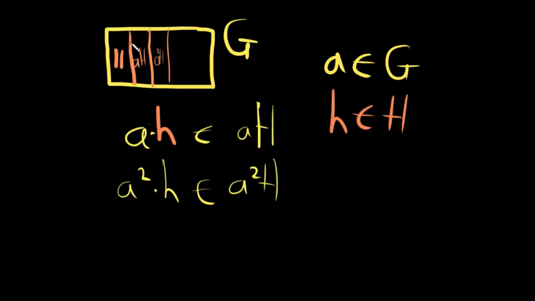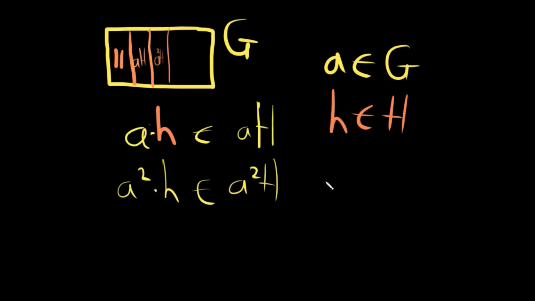So what's really happening is we're partitioning the big group G into smaller subsets. Sorry, they will all be subsets, only H will be a subgroup. By taking an arbitrary element A, each time we multiply any element in H by A, we'll move into a different coset. So each of these, AH, A squared H, A cubed H, and so on, are all the left cosets of the subgroup H. And we're almost there.